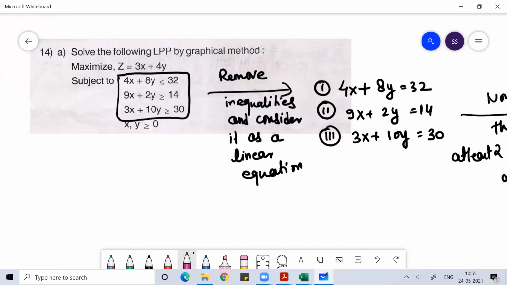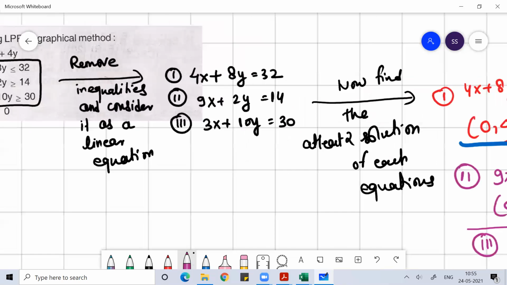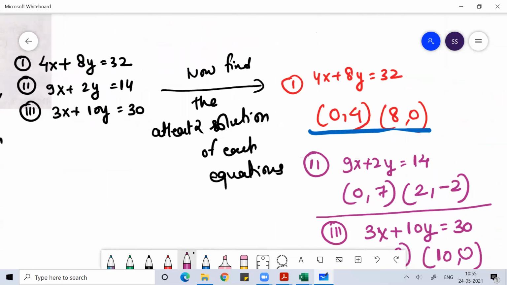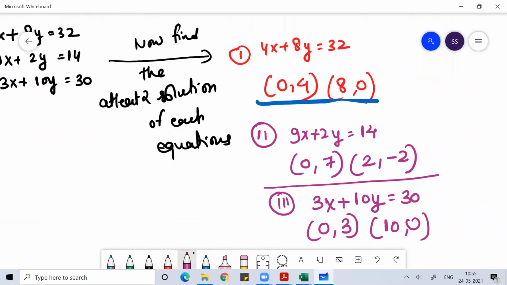So what you need to do for each equation: whatever constraints you have, remove the inequality sign from the constraint. Think that these constraints are not linear inequations, think that they are part of linear equations. Once you have done that, for each linear equation you have to find at least two solutions, which you can use by plotting the straight line.